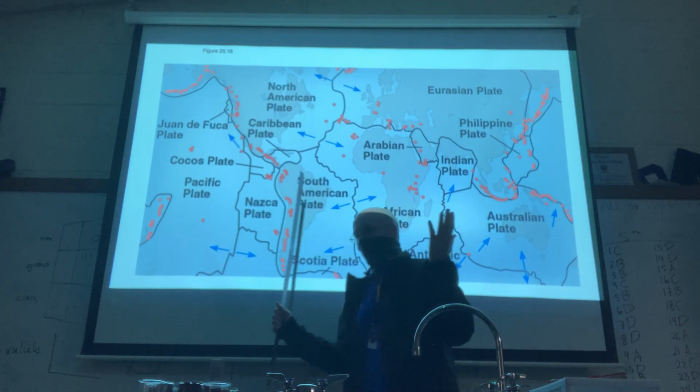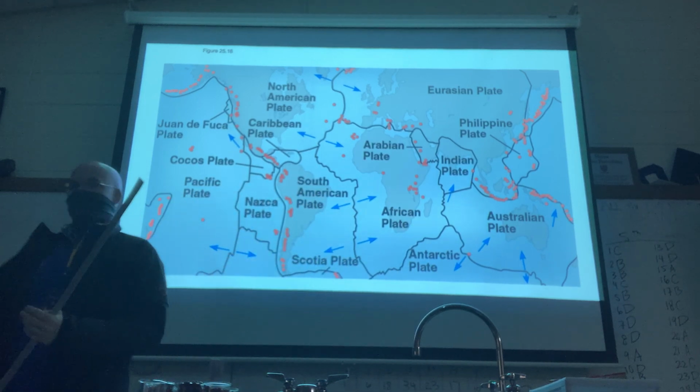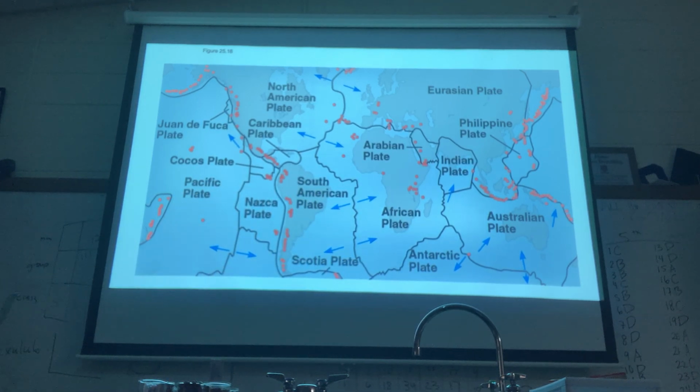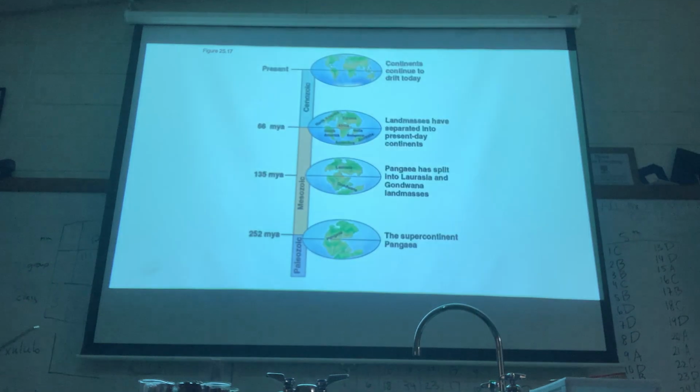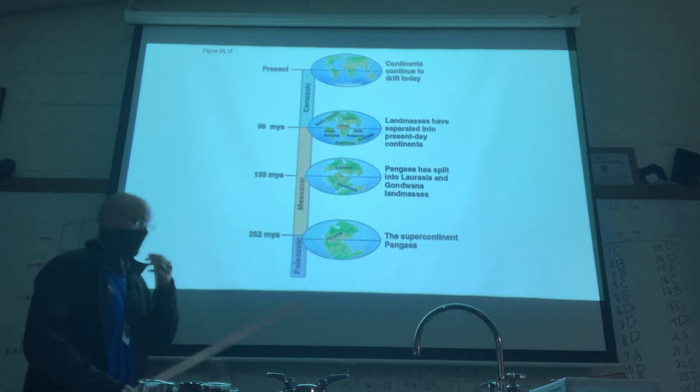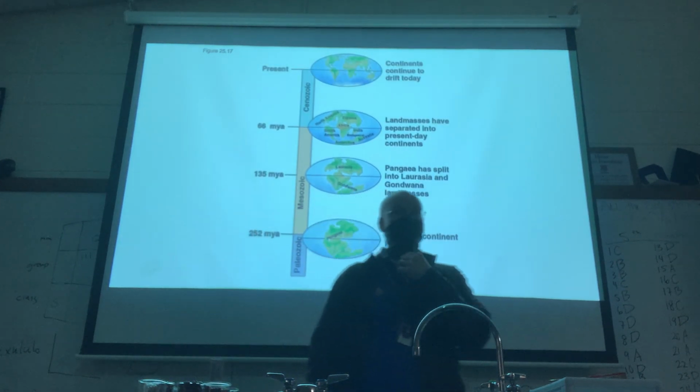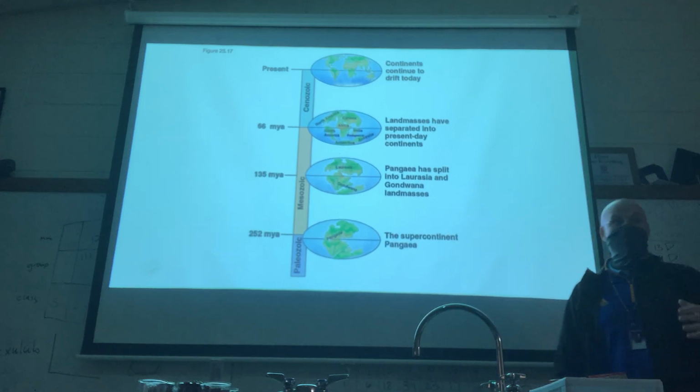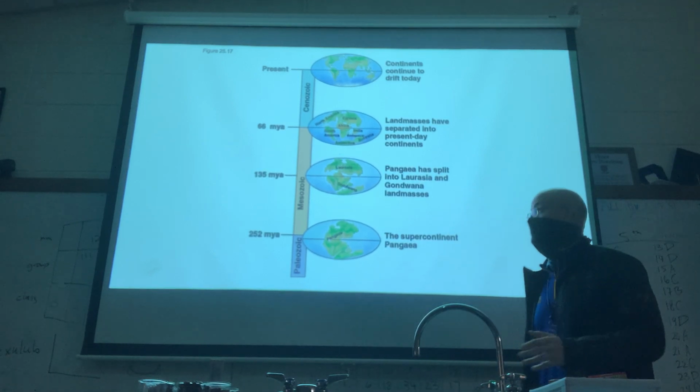Now, what this tells us, if we rewind the clock of Earth's history, is that over vast periods of time, the Earth can look very, very different.